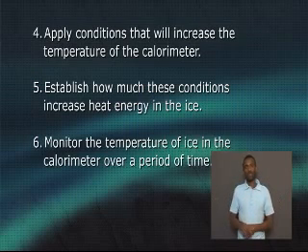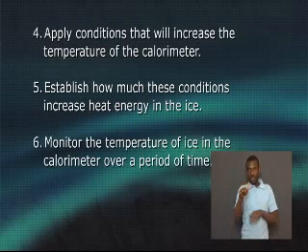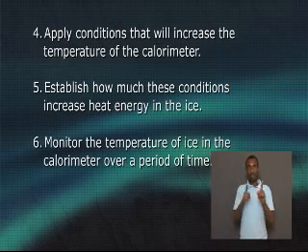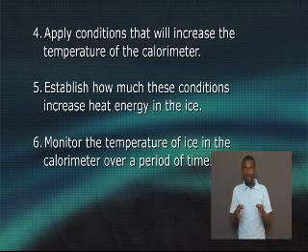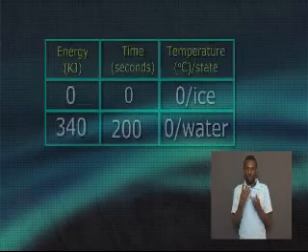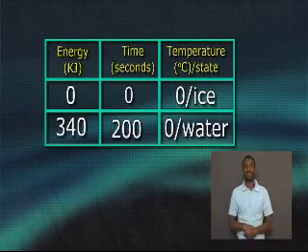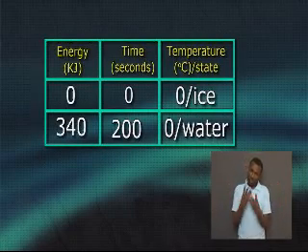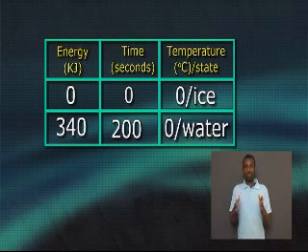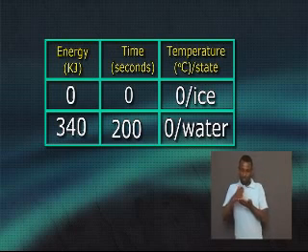At this point, we monitor the temperature of ice in the calorimeter over a period of time to determine how long it takes for the increase of heat energy to cause the ice to melt. Once the ice is fully melted, we can remove it from the heater to determine the latent heat of fusion.